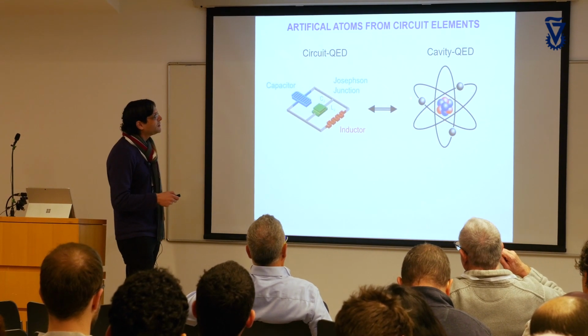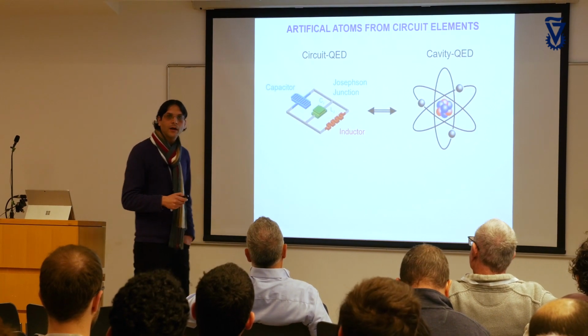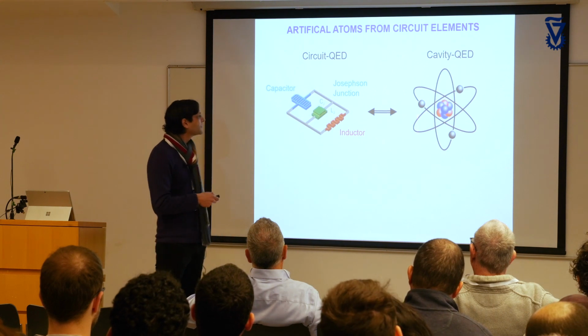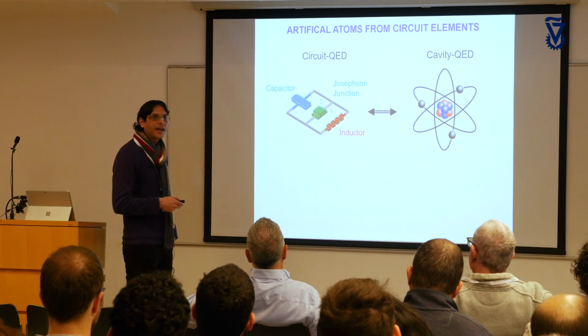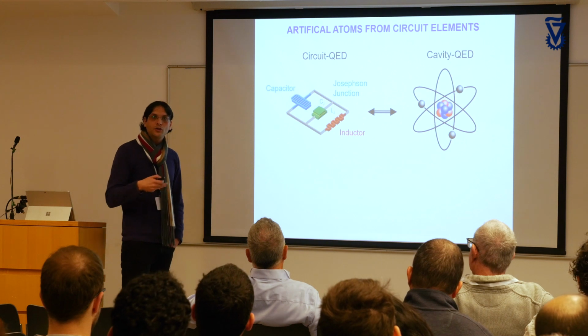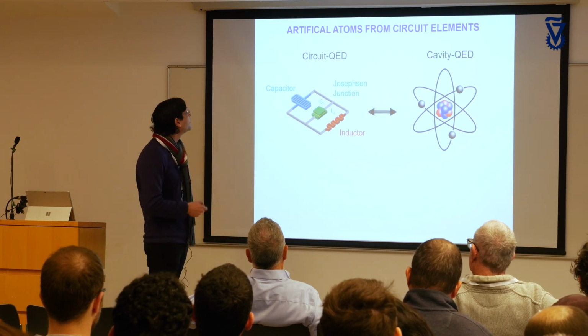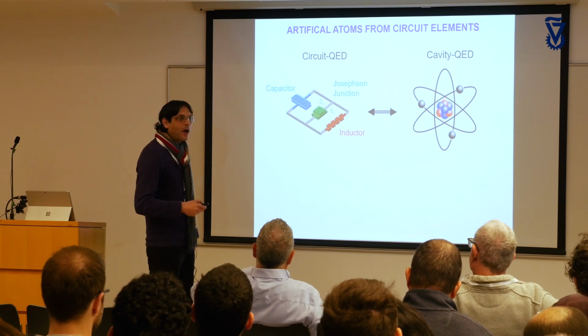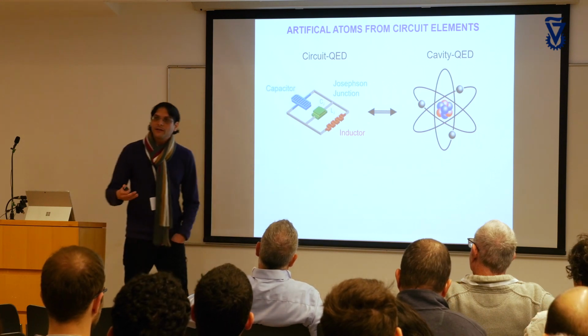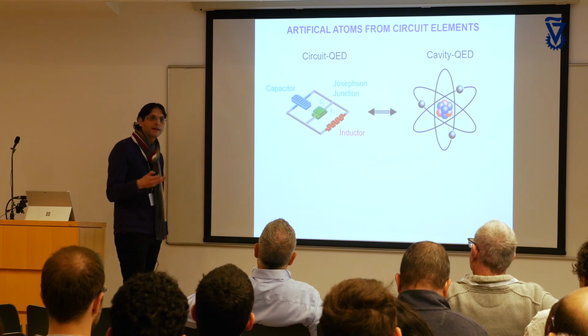In this field, they take real atoms, with real quantized energy levels, and they put them in cavities to show control. This was tremendous work with beautiful data. And what we do in the field of superconducting circuits, in a sense, mimics that field.